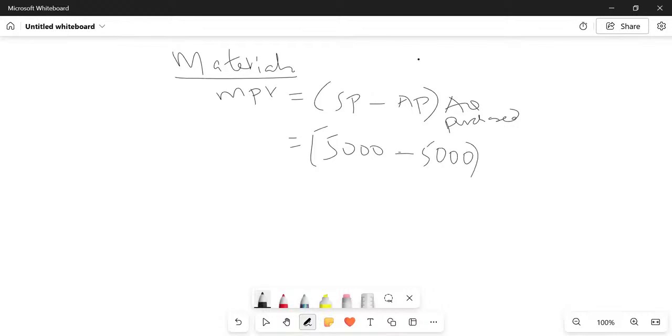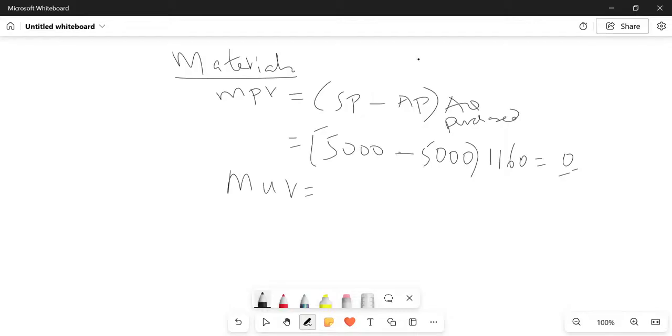Multiplied by the actual quantity of materials you purchased, how many kgs? 1160. But this gives 0, and it is neither favorable nor adverse. It's neutral. Don't give it anything.